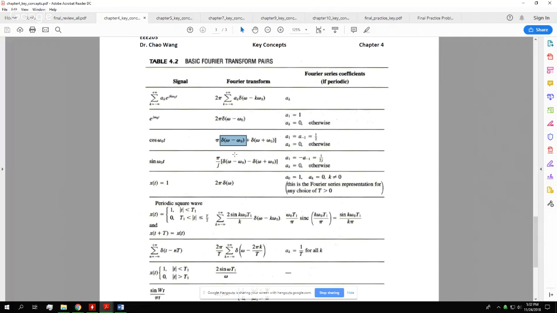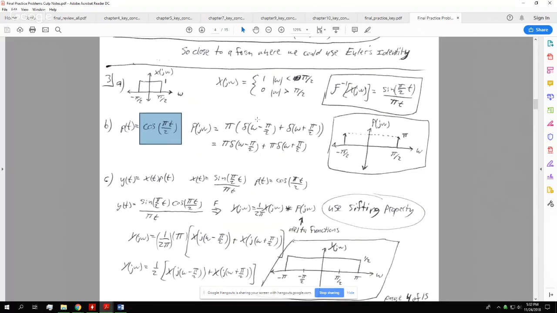They're going to be shifted to omega naught. So our shift is pi over 2, because it's given to us as pi over 2. And I have the symmetry across the y-axis, like we always do with frequency domain signals, and then we scaled it by pi.